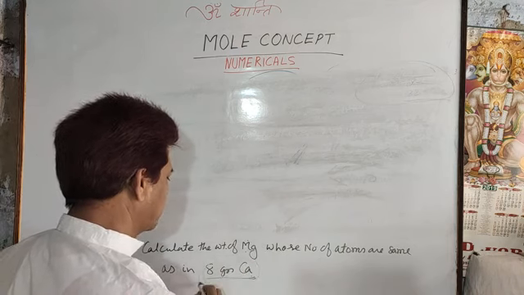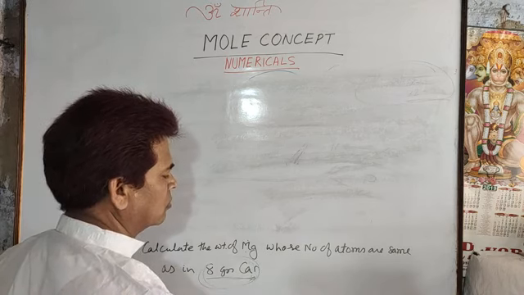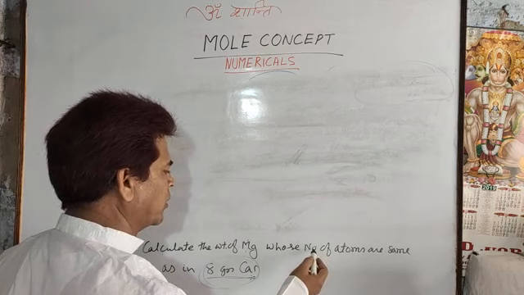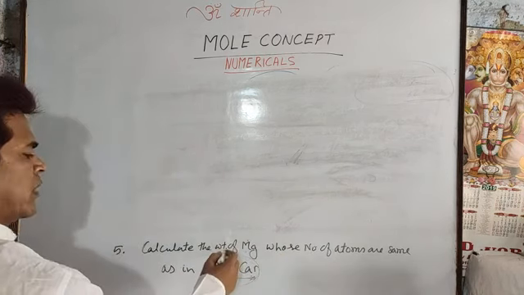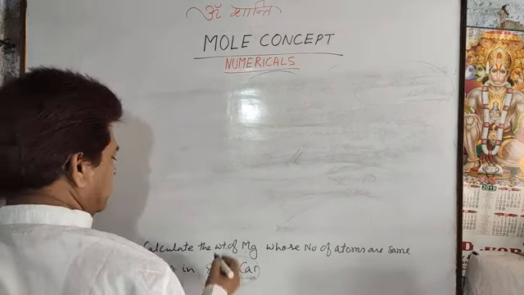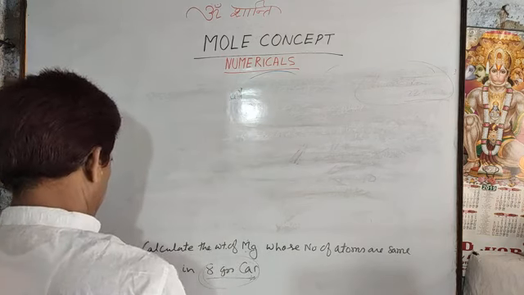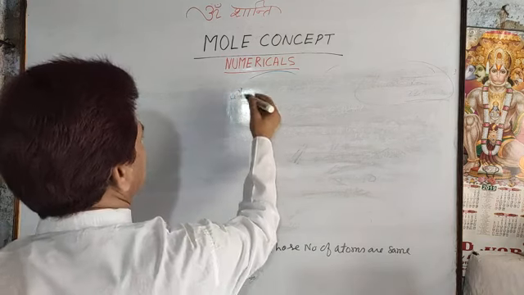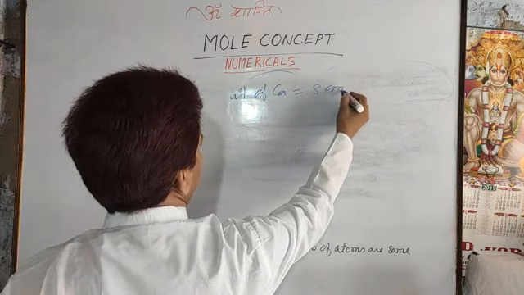So this weight of calcium should be converted into number of atoms, and that number of atoms is equal to the magnesium atoms. Then on the basis of that you can calculate the weight of magnesium. So here the weight of calcium given is 8 gram.